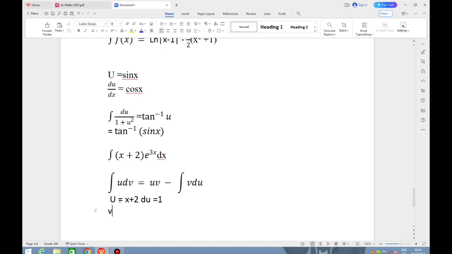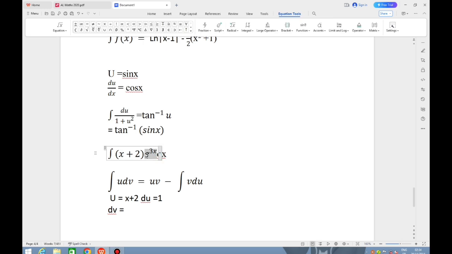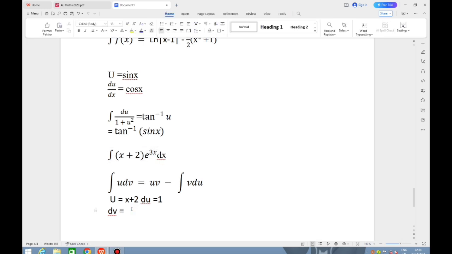Then v is equal to the integration of e to the 3x. The integration of e to the 3x is simply 1 on 3 times e to the 3x. That's 1 on the differentiation of this, times e to the 3x.